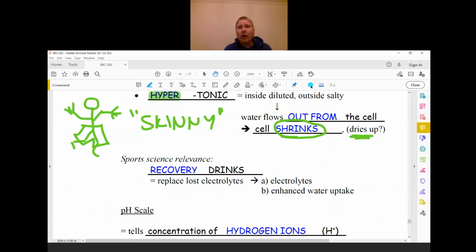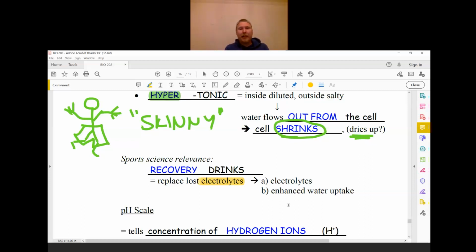Well, this all relates as we think of what happens to the electrolytes as you, for example, exercise a lot, you need to replace them. Just simply replacing the water is not enough. And certain components of these recovery drinks also help with enhanced water uptake. So that's why this matters.